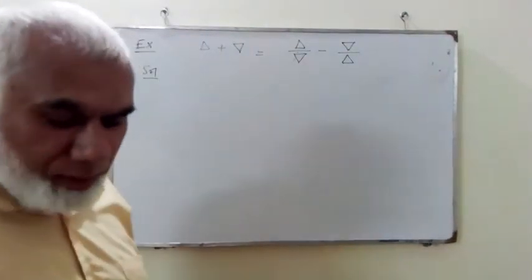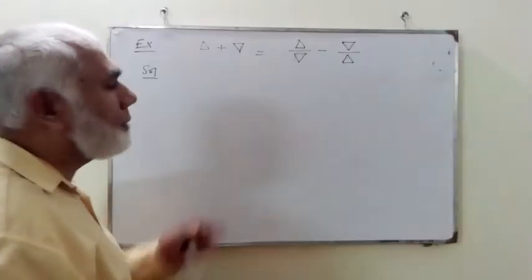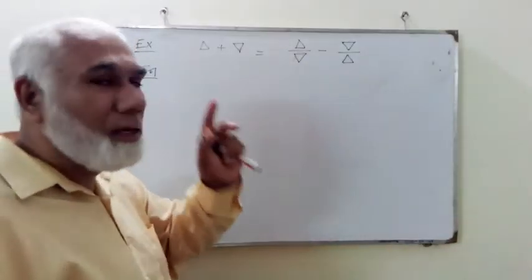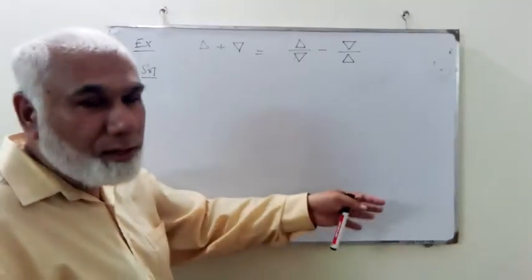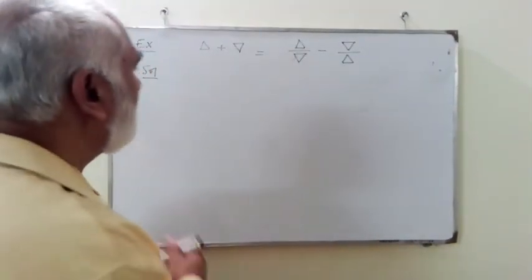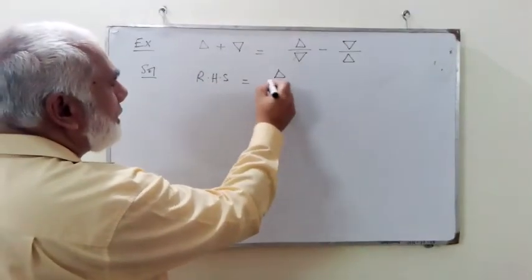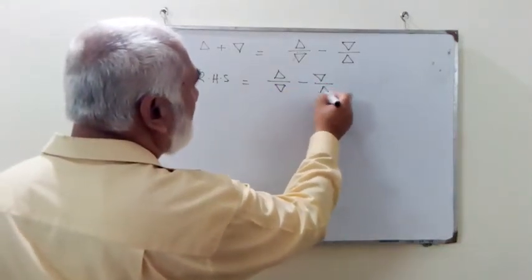So this looks a bit tedious and complicated identity, but it's not very complicated. We can do it within a few lines. And in order to solve this identity, we will be using a result which we can derive very easily. But here I'm not giving you the proof of that result, we shall be using it directly in order to verify this identity. So here we take the right hand side, which is delta over nabla minus nabla over delta.